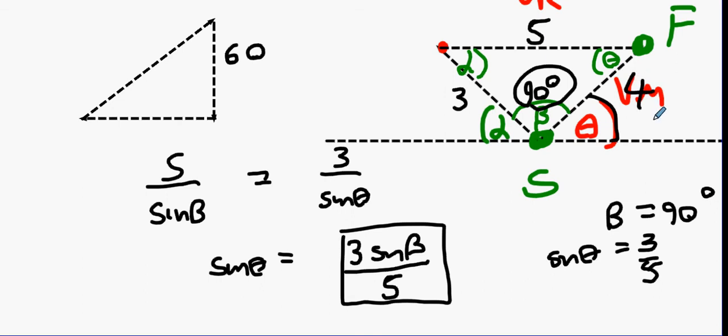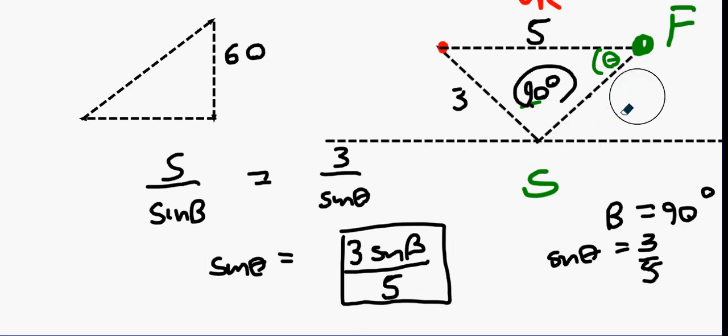How do I know it's 4? Pythagoras. It's a 3, 4, 5 triangle. We've all agreed that this is a right angle triangle because we set beta to 90, and therefore the hypotenuse is 5, which means Vm is actually 4.